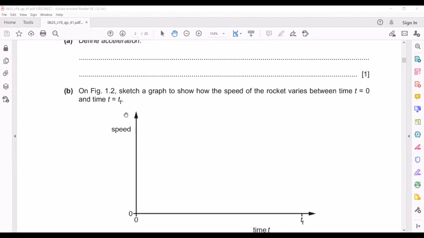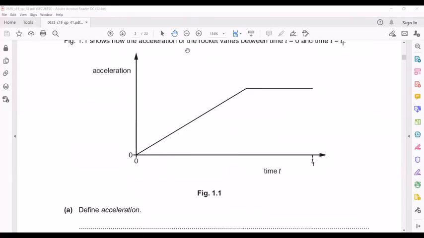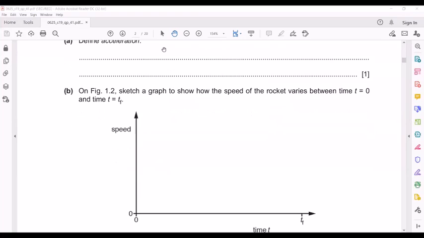The next part on the figure 1.1, sketch a graph, show how the speed of the rocket varies between t equals 0 to tf. First thing, for a speed time graph, what does slope represent? Slope represents acceleration.